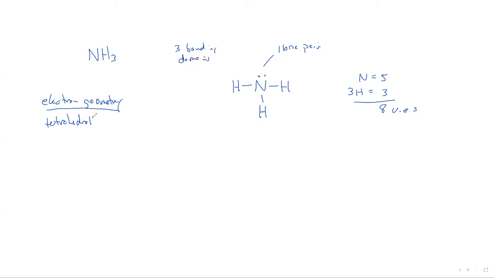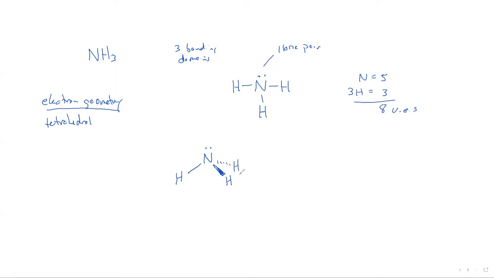And so how would I draw that? The electron geometry is tetrahedral. I'm going to draw it just the same way I drew my methane. Instead of using a CH bond, I'm just going to put this one going up, right? To me, that's the easiest way to show it. So that would be my bond going up. So I'm going to draw it in the tetrahedral fashion. Here's my one coming off at about 109.5 degrees. And then on this side, I'll have one coming towards you and one going away from you.